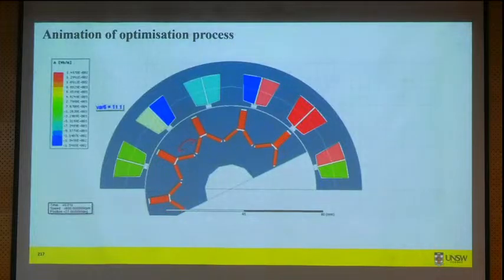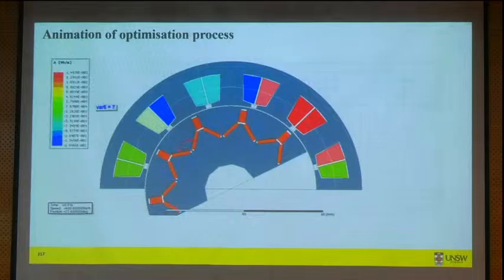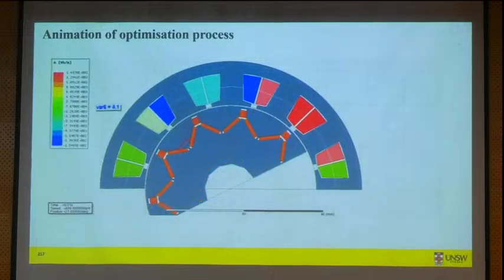When we use more spoke type, your motor will behave more like a spoke type. So the higher the spoke region, the more it behaves like a spoke type, right? So there is an optimum portion of spoke and V which will give you the highest torque and lowest ripple.